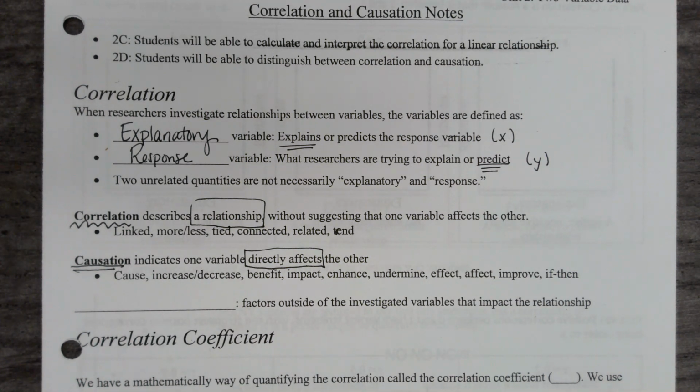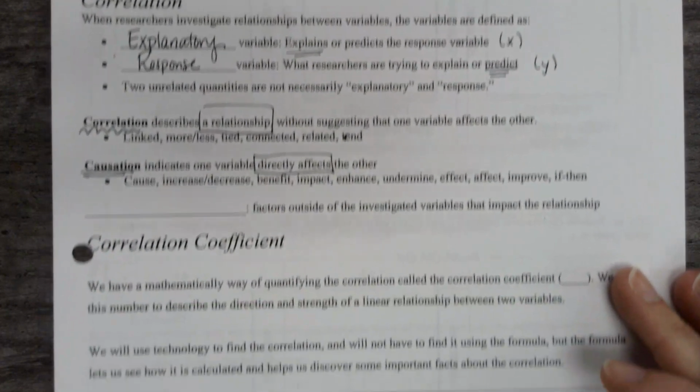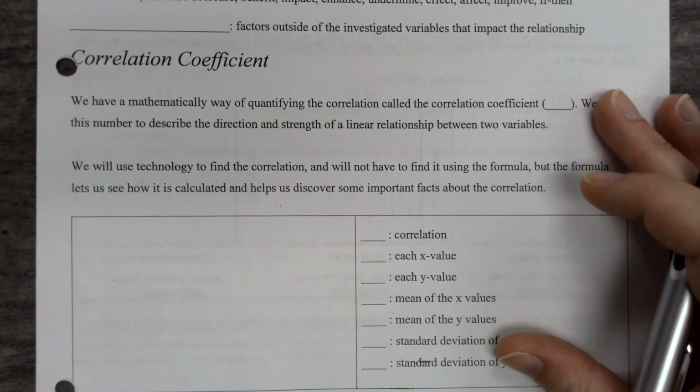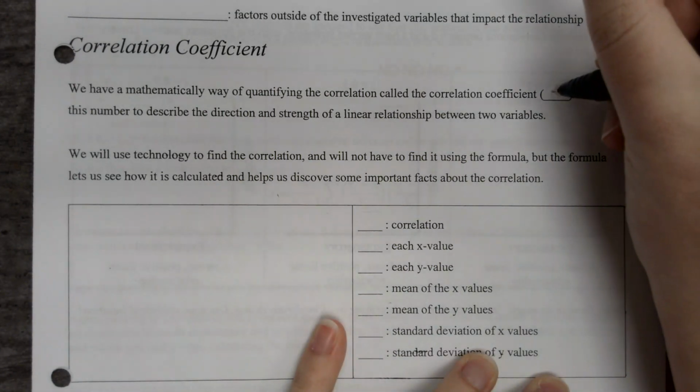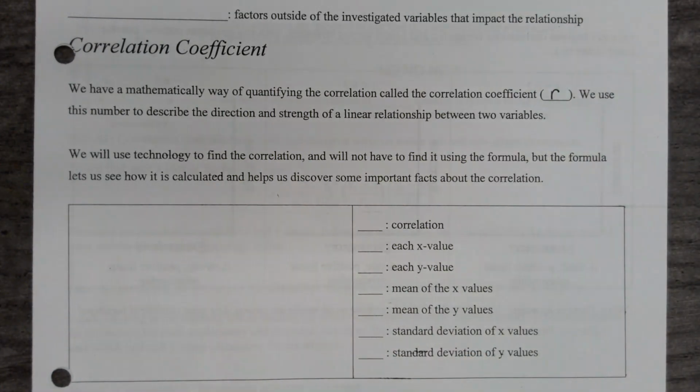Now, when we're looking at correlation, there's actually a mathematical way to assess it, and it's called the correlation coefficient. Maybe you've heard about it before in algebra, maybe you haven't. We usually denote it with our R value.